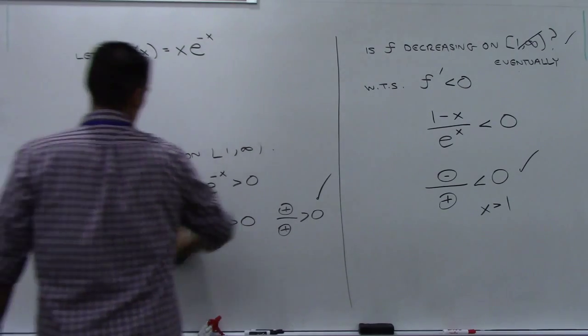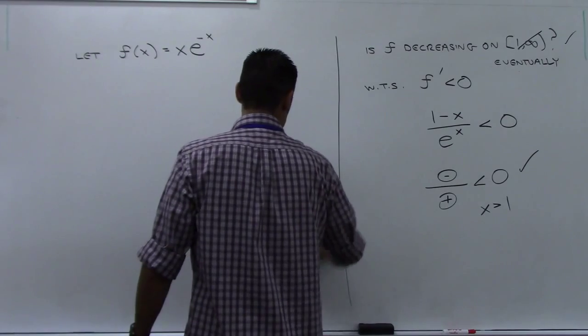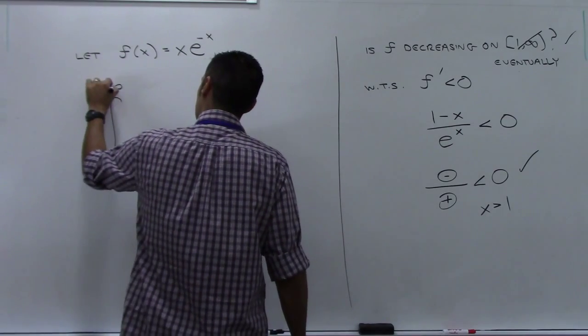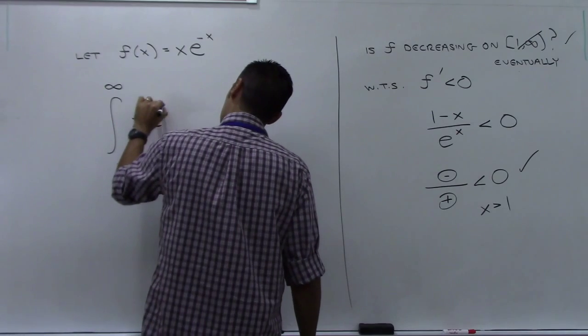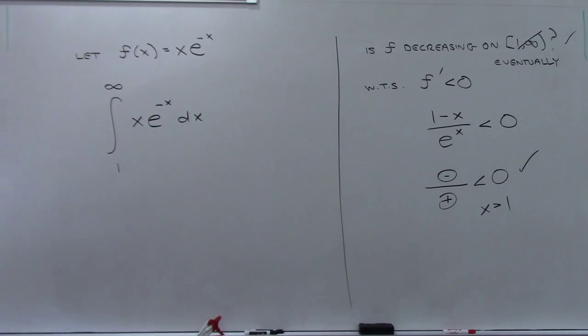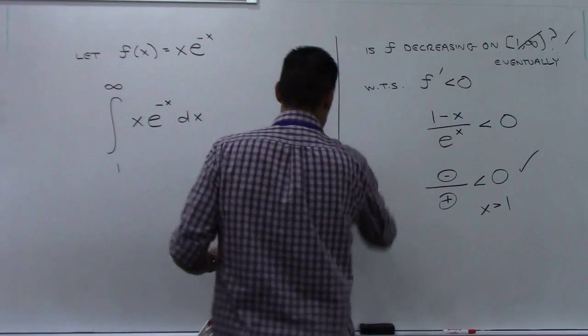So let's figure out what the integral of this thing does. What is the integral from 1 to infinity of x e to the negative x dx? I'm going to use integration by parts.